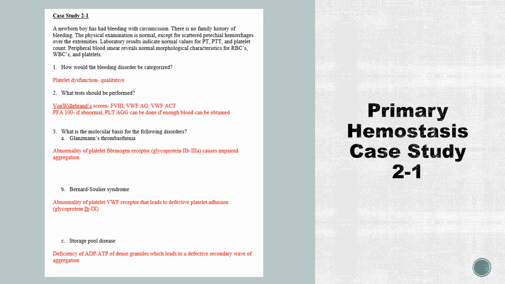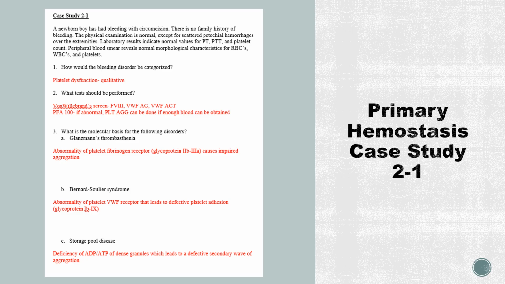And it includes a factor 8 assay, a von Willebrand factor antigen, and activity. So you're really getting quite a bit of information. Factor 8, of course, is one of the most common hemophilias. It is the most common hemophilia. It's hemophilia A.